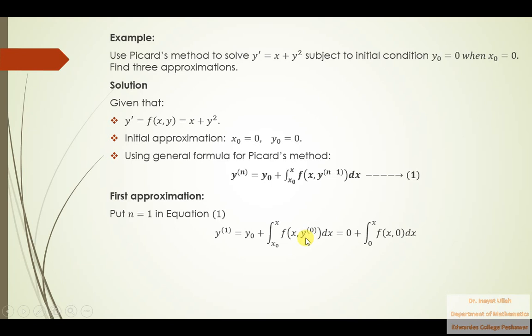So that is actually y naught, and y naught is given to you as 0, so we have replaced this y naught by 0. So that is function of x comma 0.